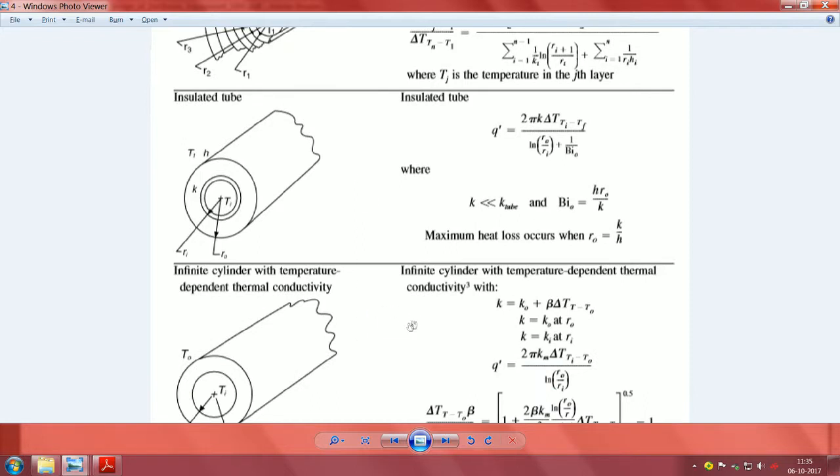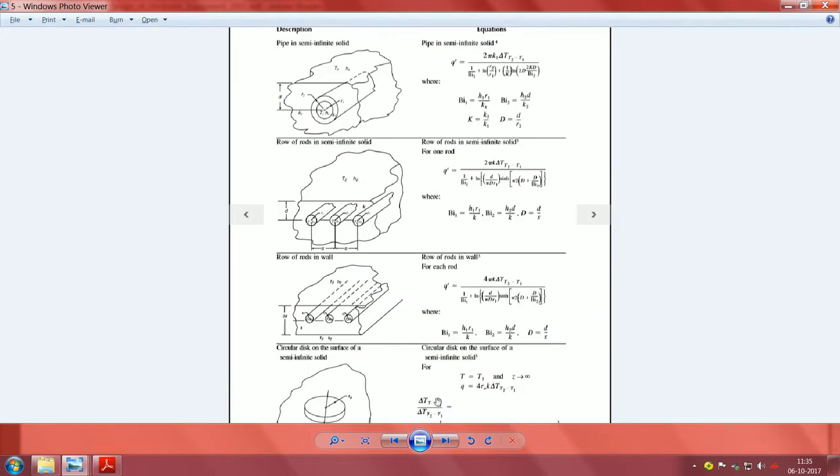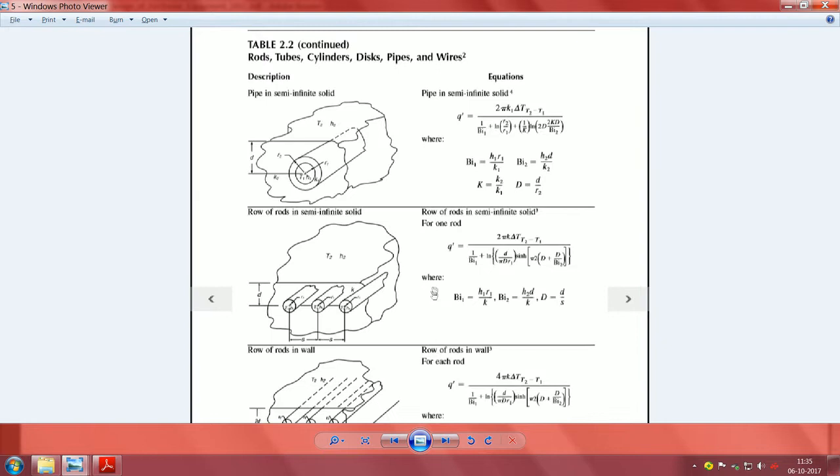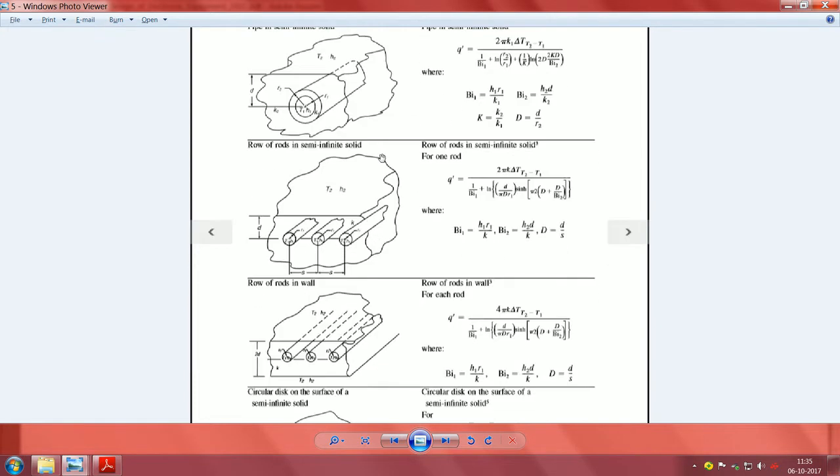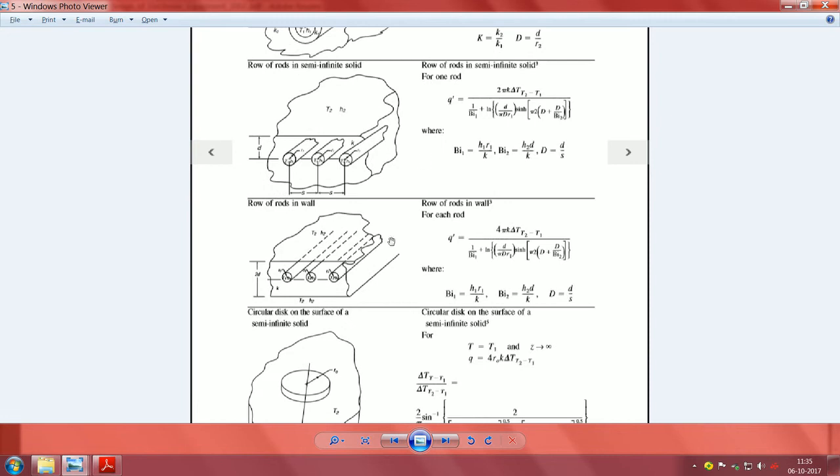Infinite cylinder with temperature dependence, because occasionally things change. So, we have here in semi-infinite solids, if the pipe is embedded, as in the case of fluid cooling, or alternatively we have series of rods which are mounted, row of rods in semi-infinite solids in a wall.